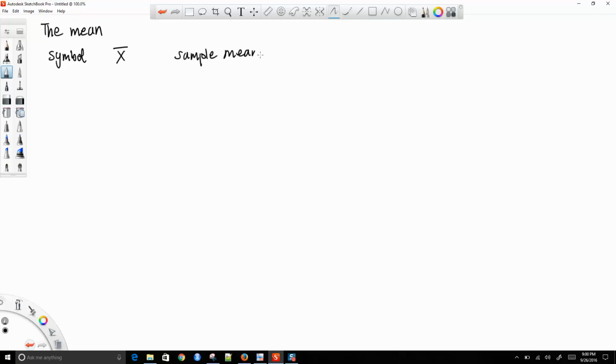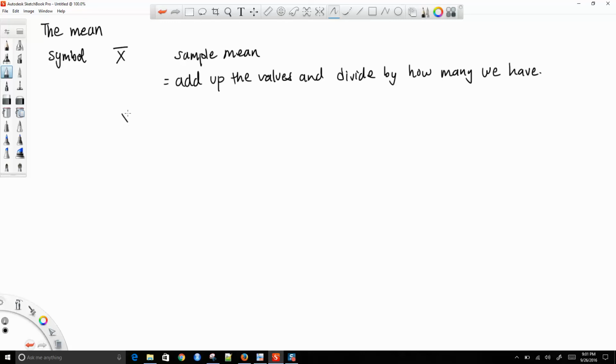We add up the values and divide by how many we have. If we want to write a formula, we would say X bar is equal to, and I write this symbol, which means sum. It's like a sideways M.